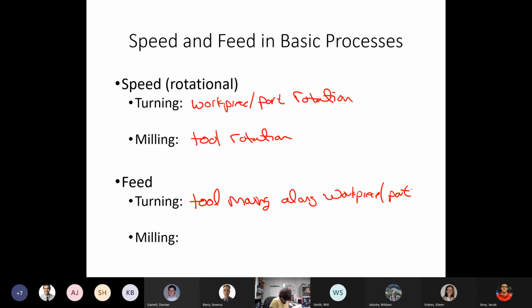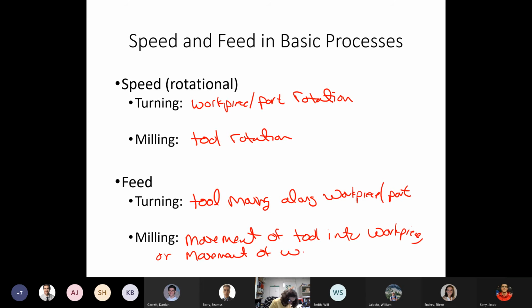And then in milling, feed is the movement of the tool into the workpiece, or the movement of the workpiece into the tool.